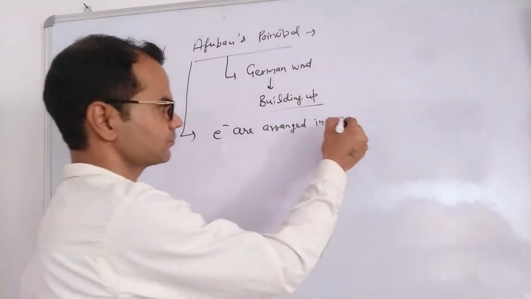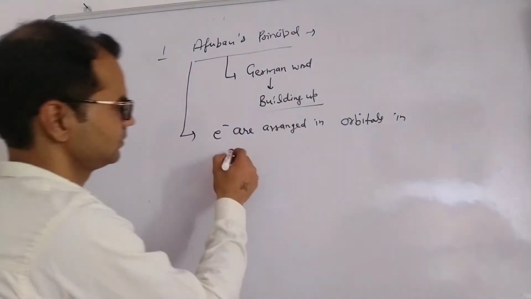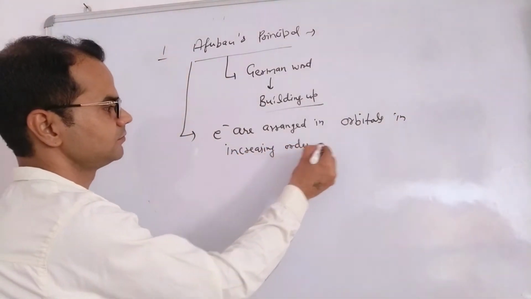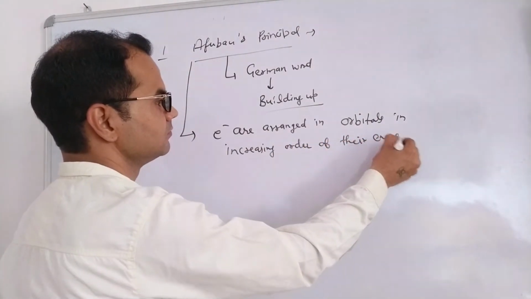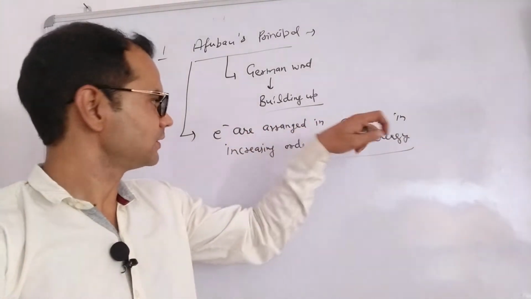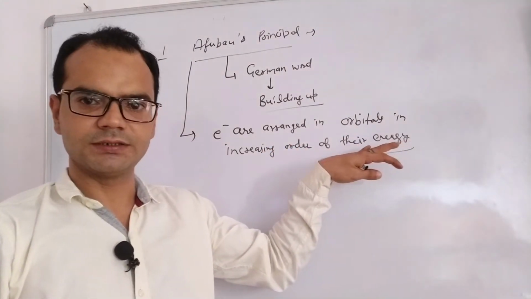in orbitals in increasing order of their energy. Electrons are arranged in orbitals in increasing order of their energy.